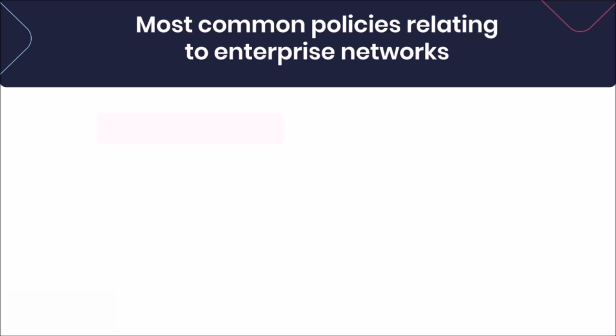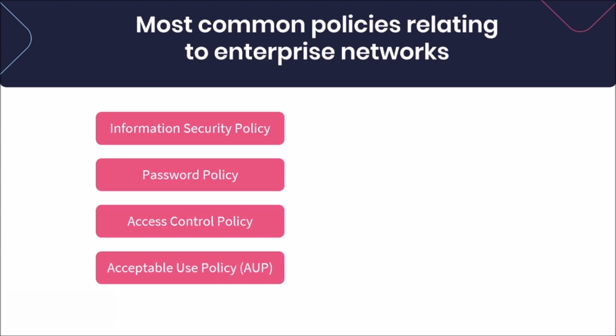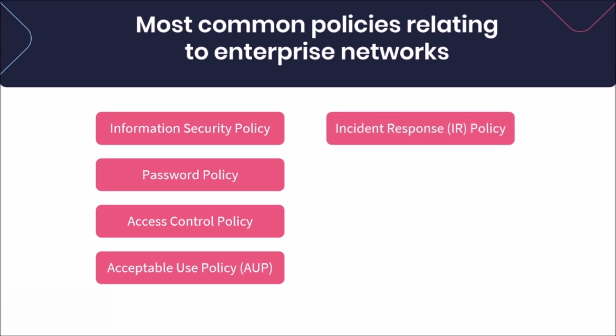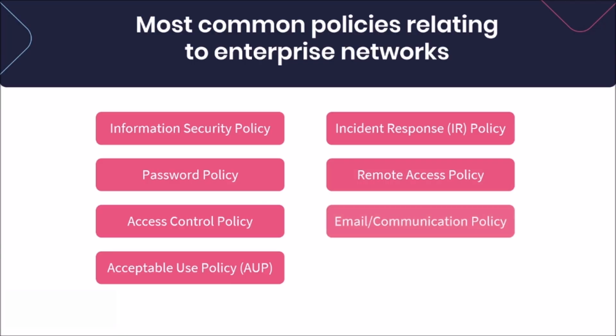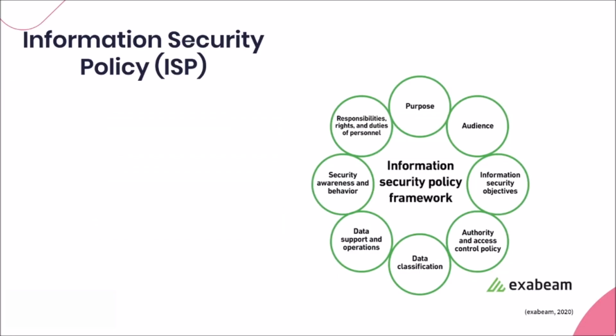Now, the most common policies relating to enterprise networks are an information security policy, a password policy, an access control policy, an acceptable use policy, AUP, an incident response policy, IR, a remote access policy, an email or communication policy, and a disaster recovery policy. So let's take a look at each of these now.